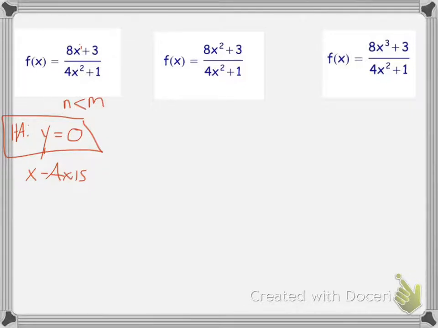So in the next one, I'm going to label these A, B, and C. So in the next one, I have my degrees are both quadratics. So when they're equal to each other, I use my coefficients.